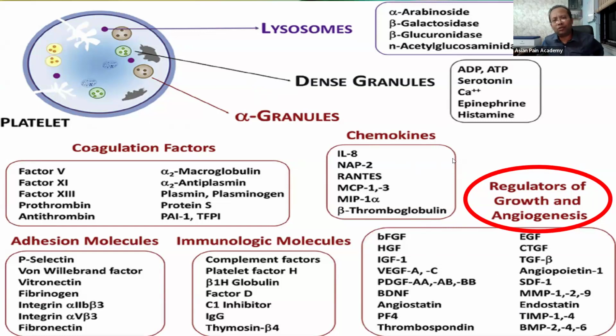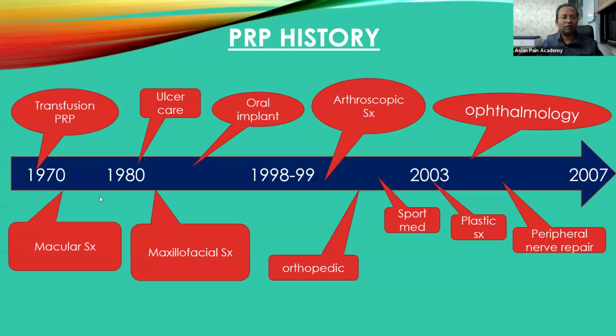Of course, there are some positive effects of serotonin, epinephrine, and histamine. As I told you, these are inhibitory neurotransmitters, so they have some effect. But mainly our target is the good effects of growth factor. In PRP we want the growth factor to work, and it also modulates inflammation.